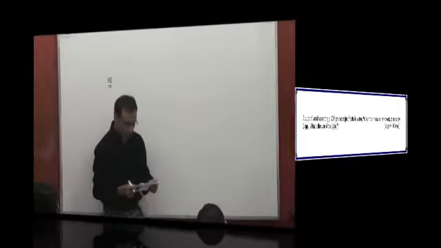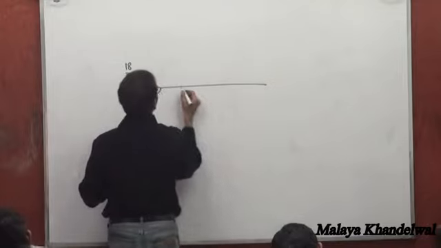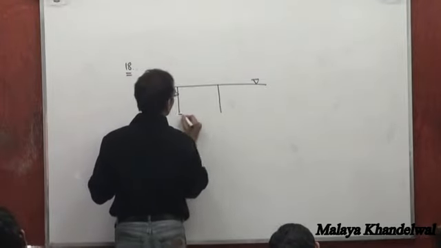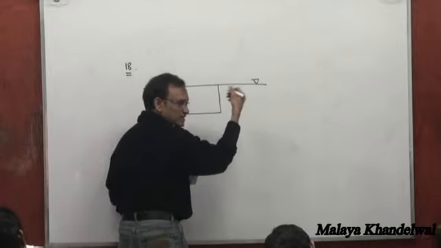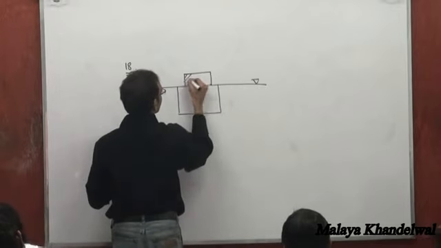A cube of wood holding 200 grams just floats in water. This is the water surface. This is the cube of side, let's say x centimeters, x by x by x. And there is this 200 gram weight.